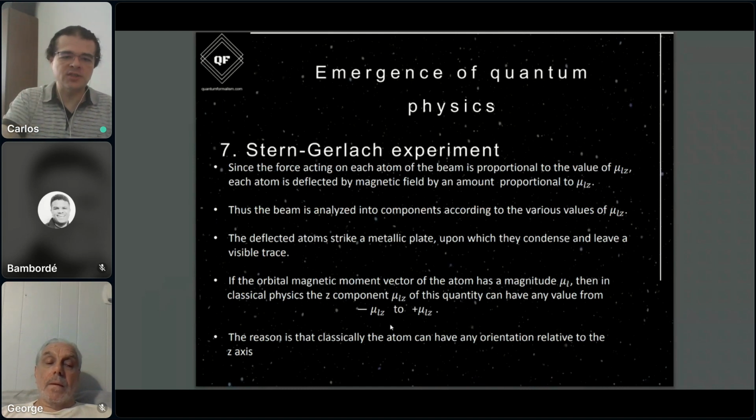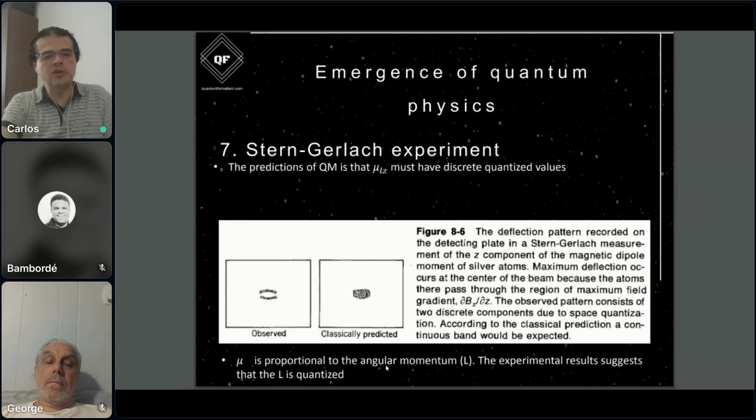In classical theory, we expected continuous results in between minus mu and plus mu. And the reason is that classically the atom can have any orientation relative to the z-axis. But the thing that was observed was this. This is the classical prediction. This is the observation. So the observation shows that mu must have discrete quantized values.